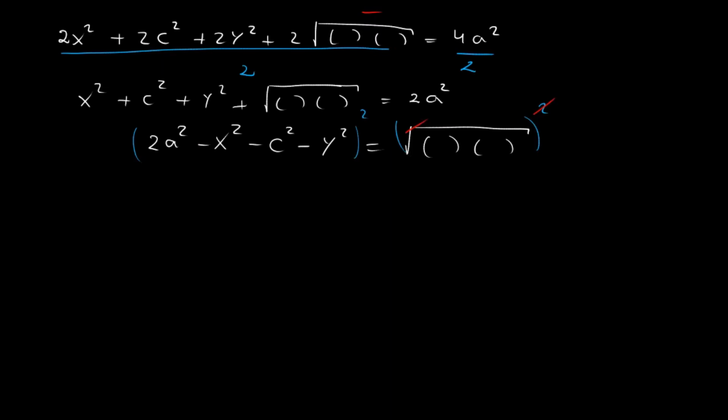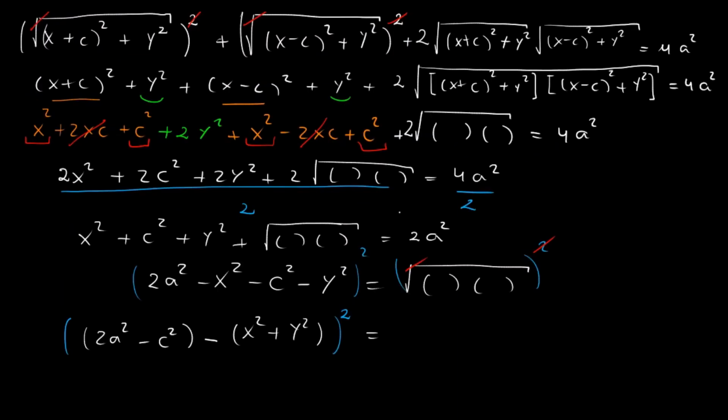I'm going to leave it as 2a squared minus c squared minus (x squared plus y squared). And this is going to be equal to what we had inside the square root, which is this one: (x plus c) squared plus y squared times (x minus c) squared plus y squared.